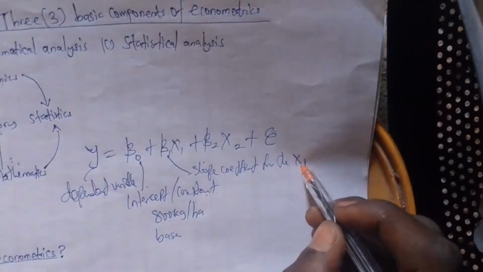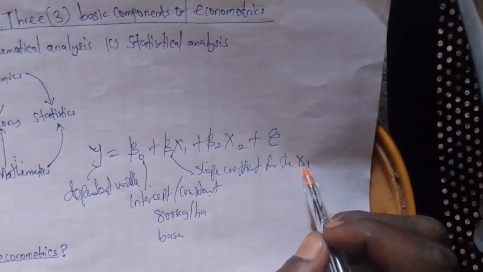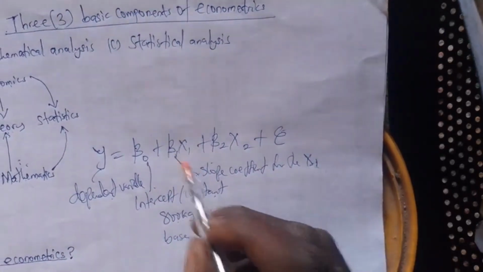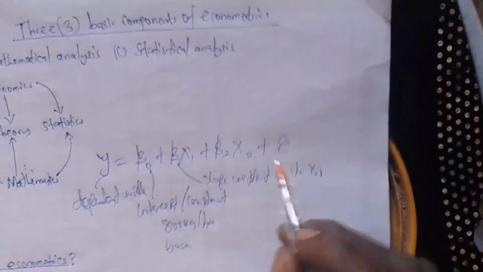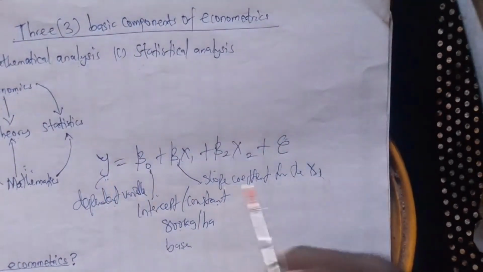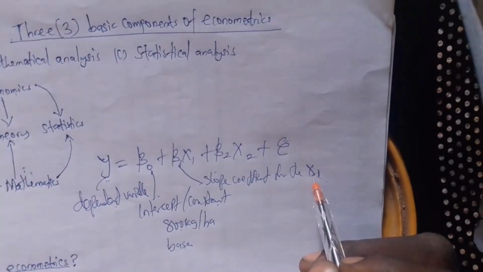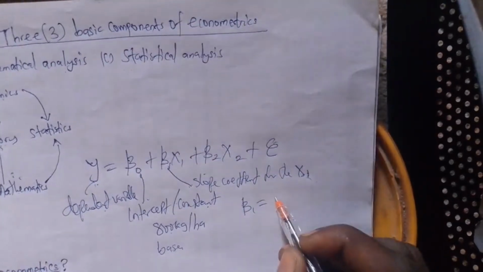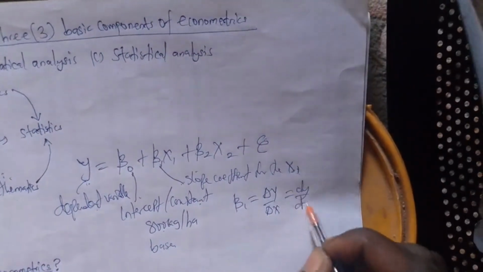So β₁ is the slope coefficient for variable x1, which is fertilizer, and β₁ measures the amount by which the dependent variable y changes as a result of a change or increase in the independent variable. β₁ is just like change in y over change in x, which is dy/dx.